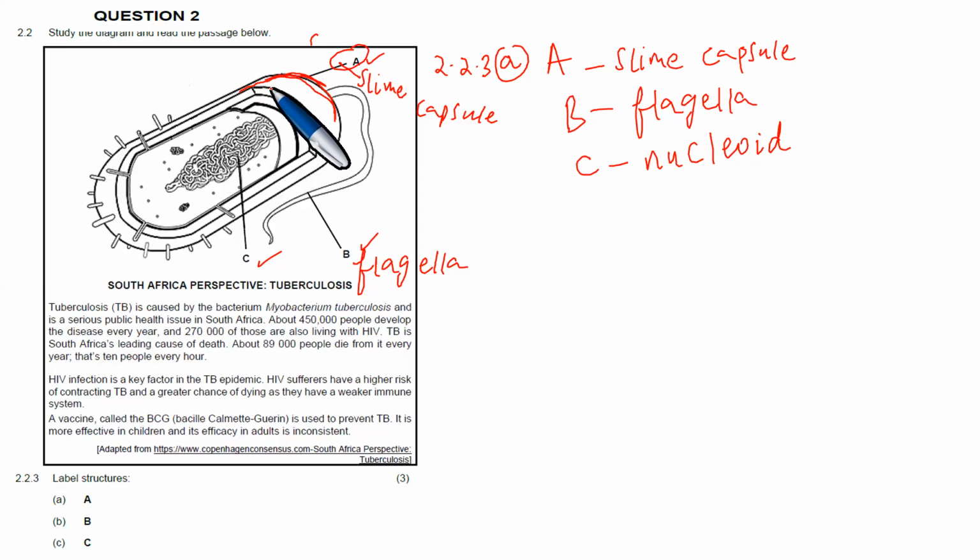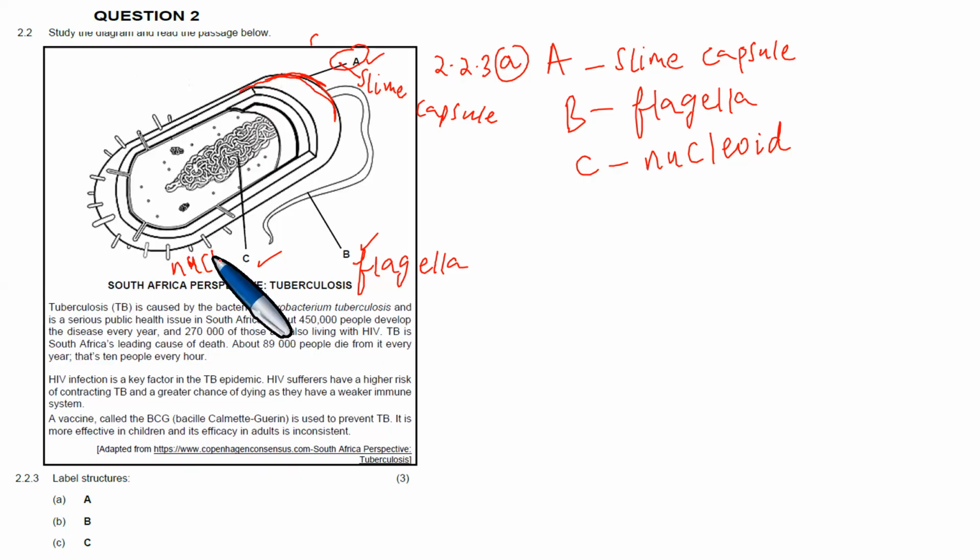So you must be able to identify the slime capsule. You must be able to identify the little tail, which is called the flagella. You must be able to note the C, which is the nucleoid, but also the DNA part of this. So you must be able to note the nucleoid here.